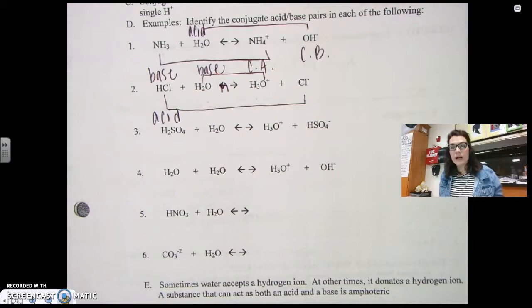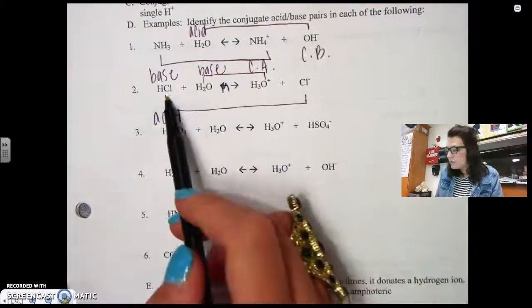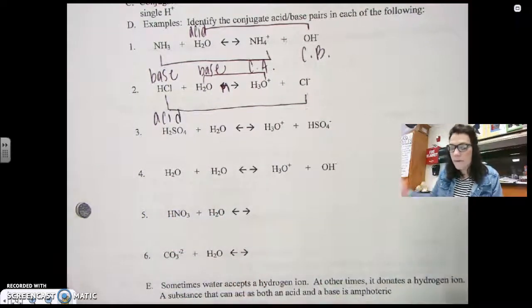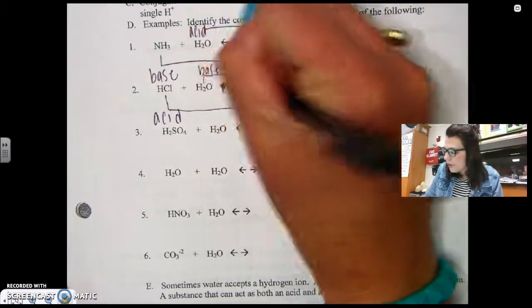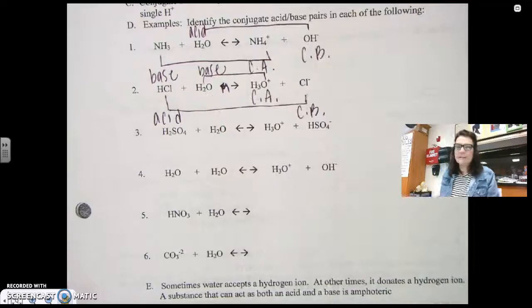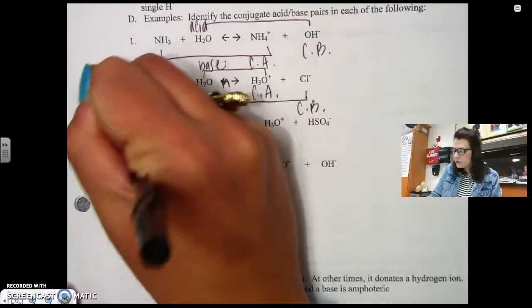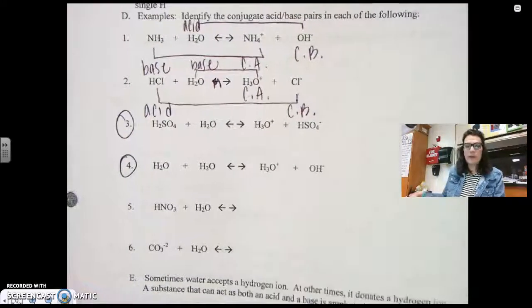So on the other side is going to be its conjugate. So since this matches up with the Cl, that means that this is the conjugate base, where the H3O plus is going to be the conjugate acid, okay? Go ahead and try these two examples, and then we'll look at them after class.